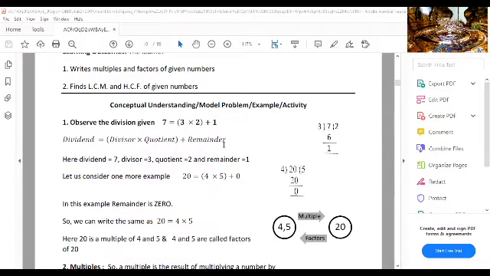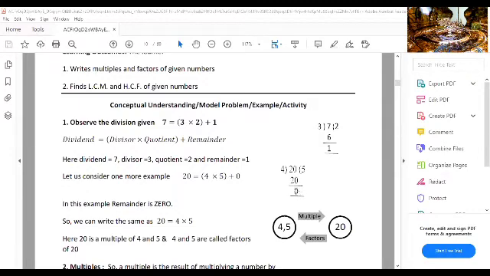Now we take another example. 20 divided by 4. Now observe here by long division method. The 20 is in the dividend place and 4 is the divisor. Now in the 4 table, 4 5s are 20. So the quotient value is 5. Now 20 minus 20 value is 0.